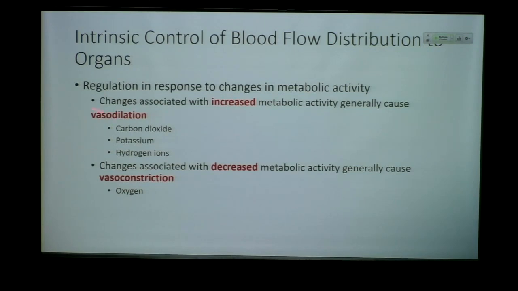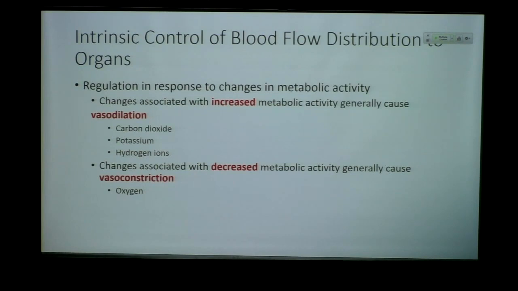Can anyone think about a connection between hydrogen ions and increased metabolic activity? Hydrogen ions, yep. The electron transport chain is one, yep, that's correct. Anything else that makes acid? Lactic acid.